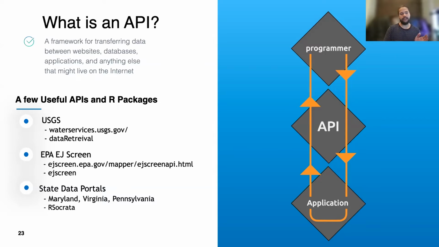And then another component I just want to highlight that is often overlooked when we're talking about environmental data is state data portals. I use these all the time in my work, and they're often an underutilized resource. A lot of states are moving their data to a state data portal, which allows folks to not only download and look at the data, but also access it programmatically. States like Maryland, Virginia, and Pennsylvania all manage their data through a platform powered by Socrata. And Socrata also has an R package, which allows you to pull in data sets with one line of code.